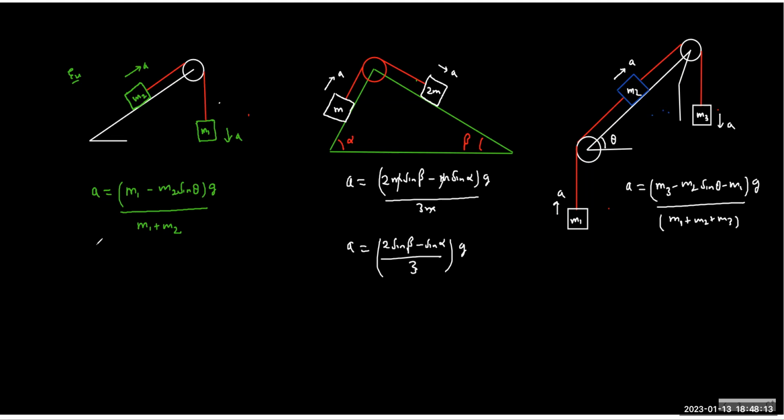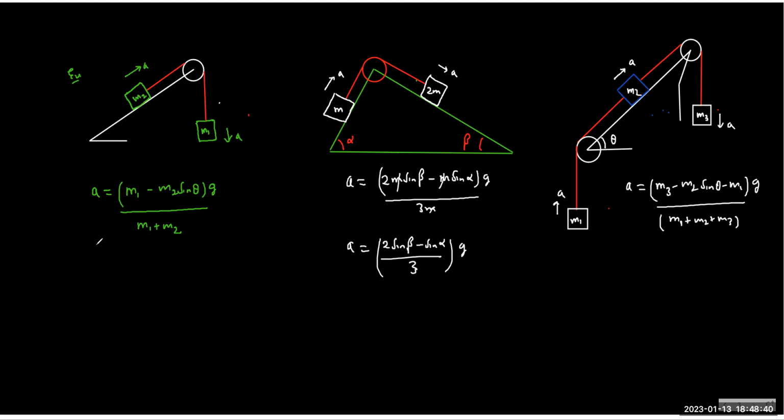The direction of acceleration of M2 and its gravity, are they supporting? Are you sure? Or opposing? Sir, opposing. So we will have to subtract, no? Because it's opposing. Yes, sir, got it.